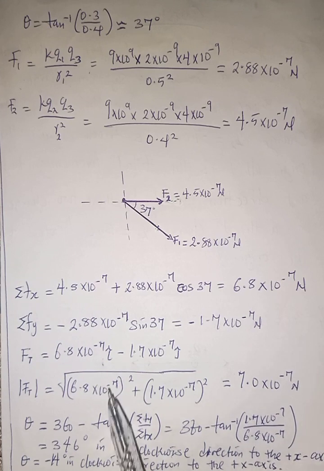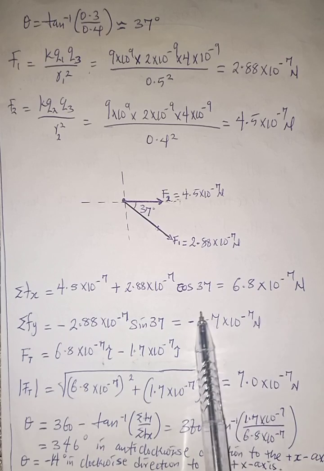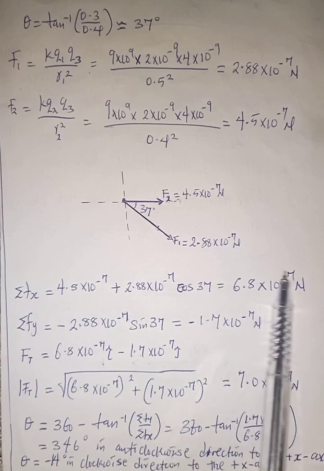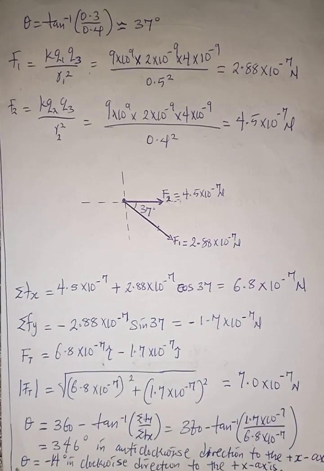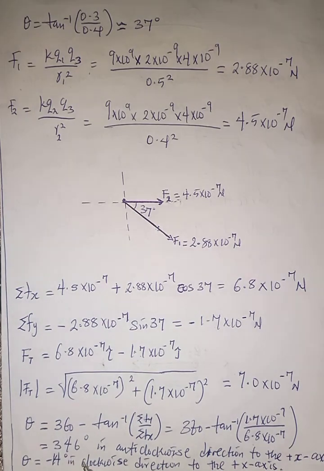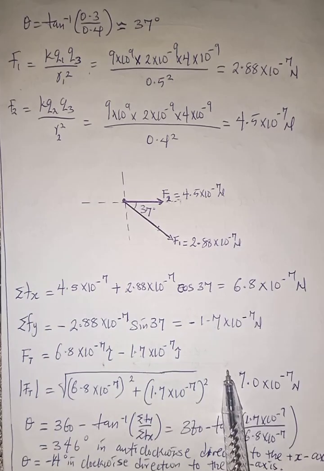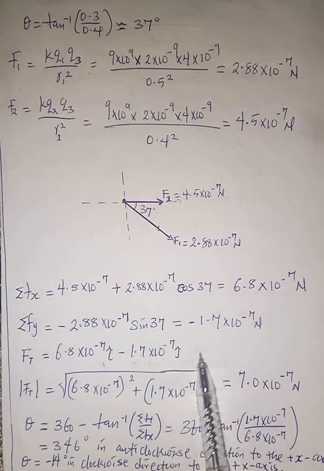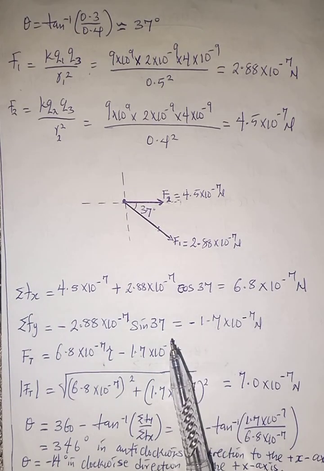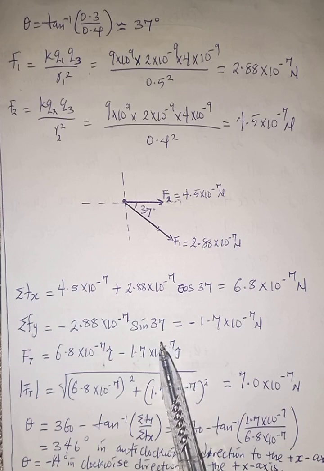Or you can just take tan inverse of the y component divided by the x component, which gives minus 14 degrees, in the clockwise direction. For clockwise direction, the angle is negative; anti-clockwise is positive. Take note of that.